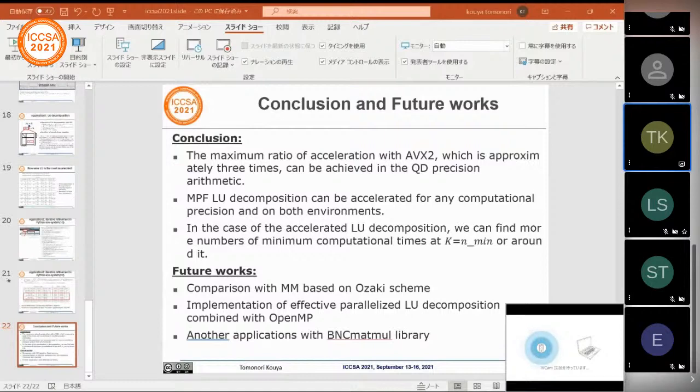Koya-san, could you please explain why the Strassen algorithm cannot be efficient over 8 cores?